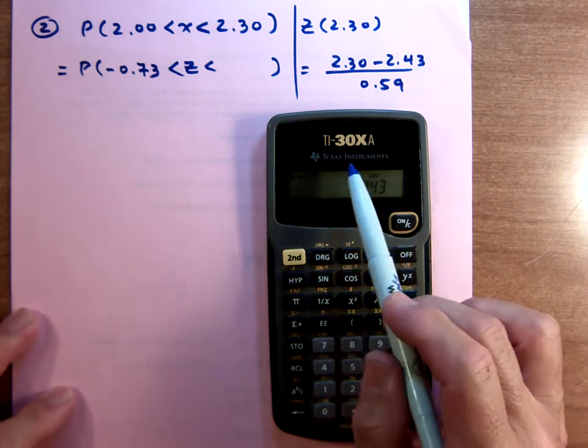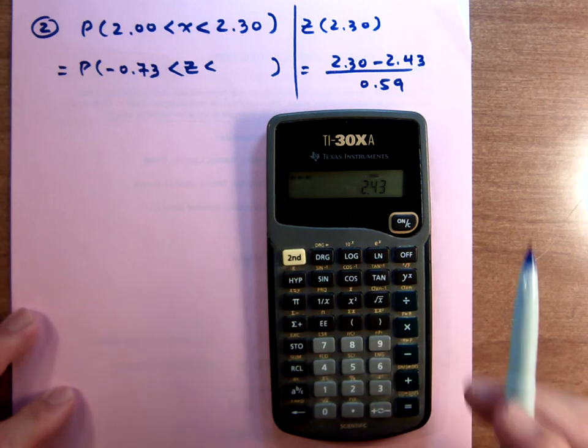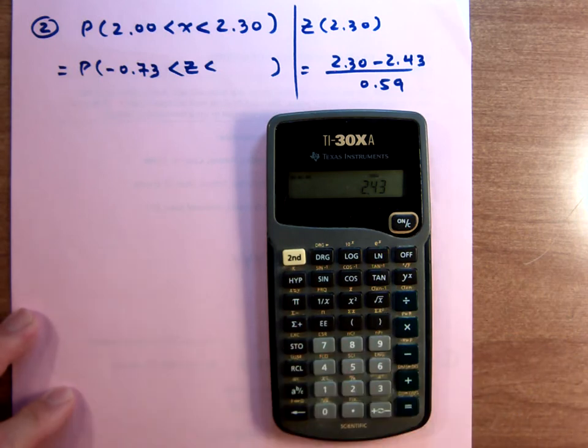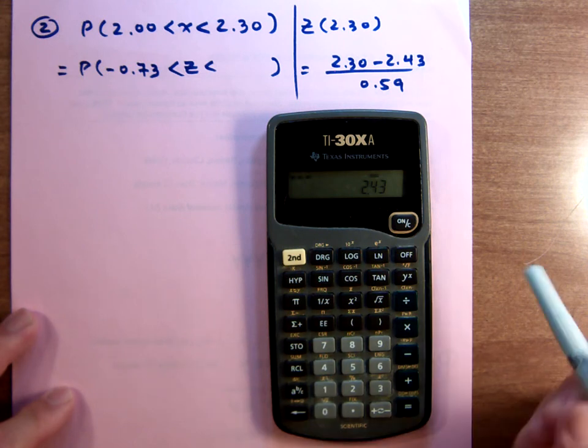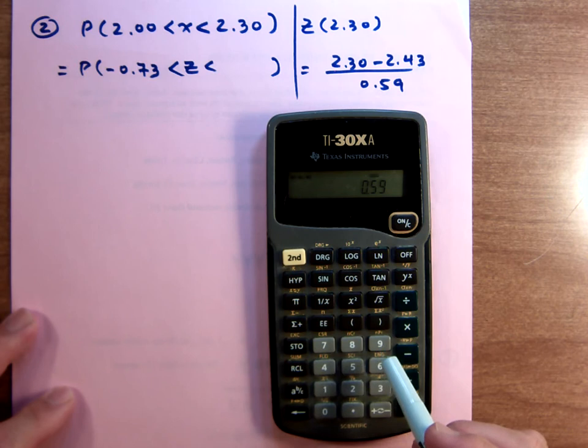Again, this is a TI-30XA. I enter the 2.43 and press STO and 1. That means that number has gone into memory cell number 1. Then 0.59, STO, 2.